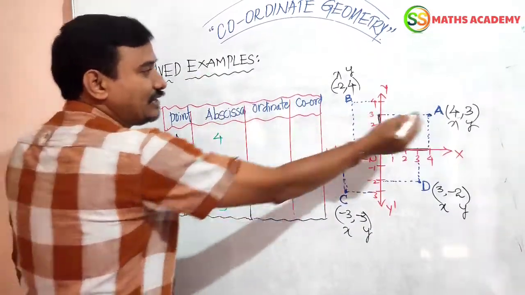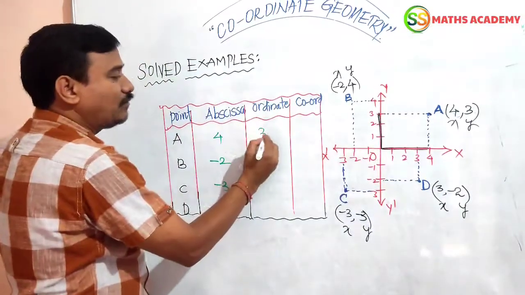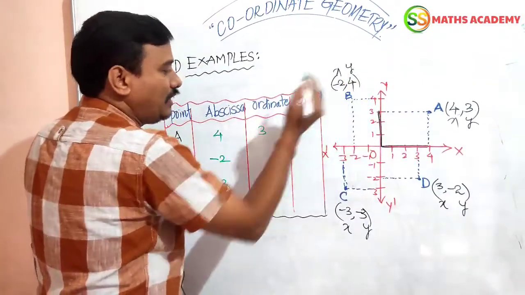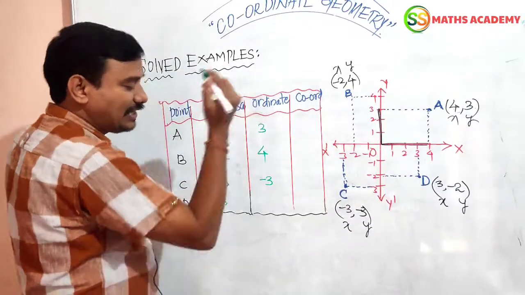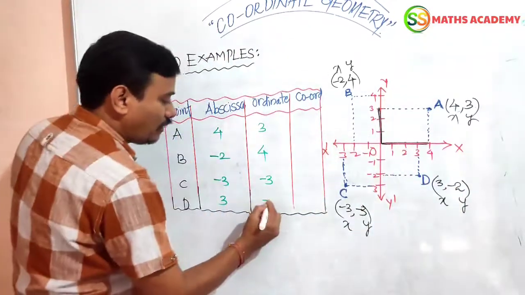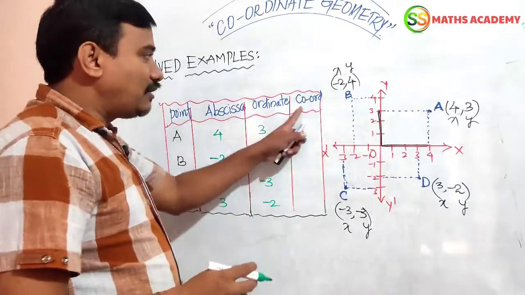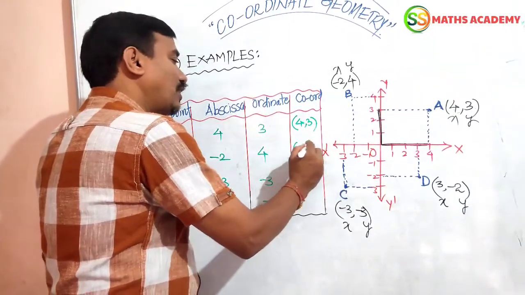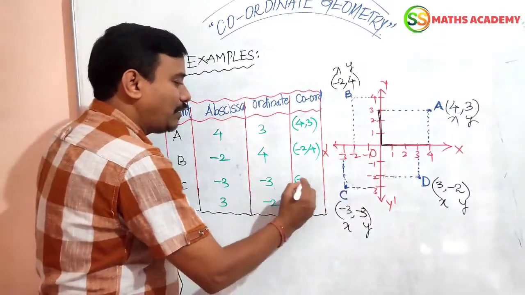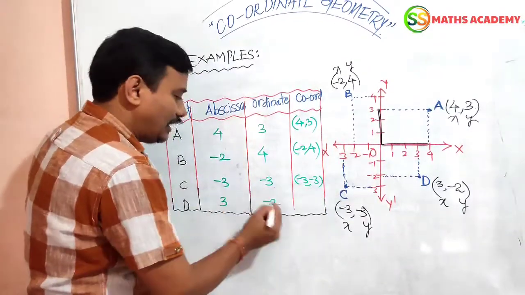Next, ordinate of A, the second value y, is 3. Ordinate of B, y value is 4. Ordinate of C, y value is -3. Ordinate of D, y value is -2. Then it is asking for coordinates. Simple: (4, 3), (-2, 4), (-3, -3), (3, -2).